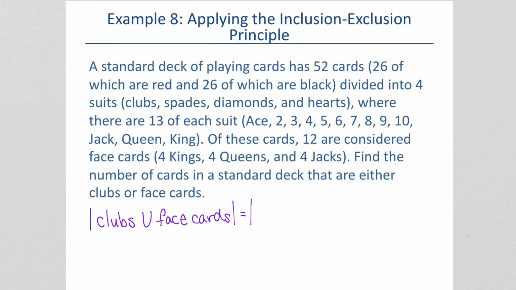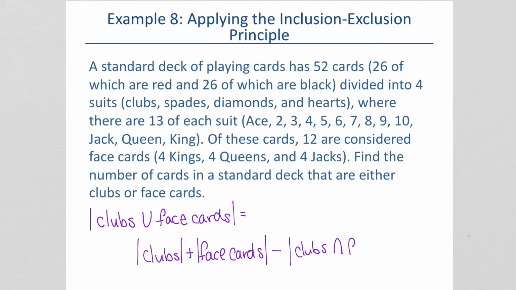We would find that by taking the number of clubs, plus the number of face cards, subtracting off the number of cards that are both clubs and face cards.